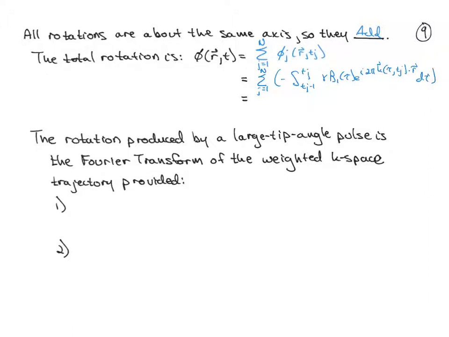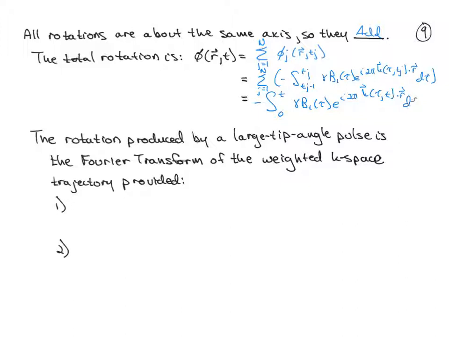And we can just concatenate all of these into one single integral and restore the original small tip angle equation, which is the integral from 0 to t of gamma b1 of tau e to the i 2 pi k of tau comma t dot r.